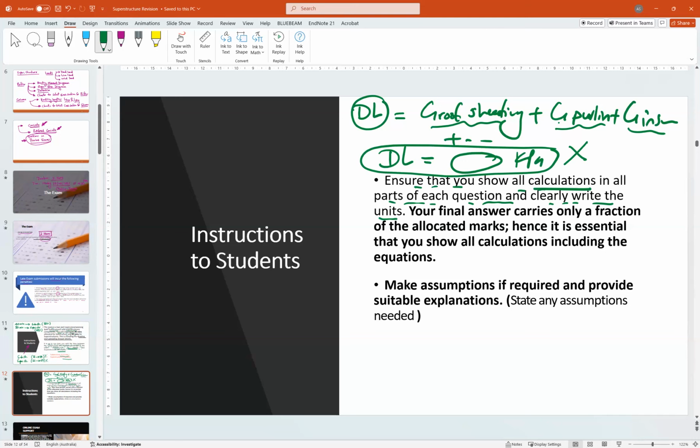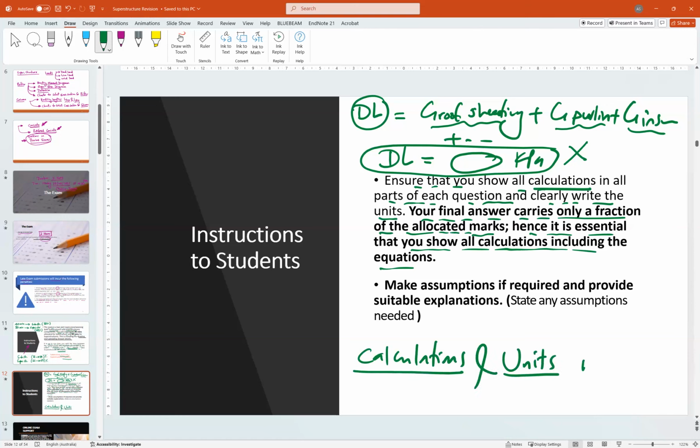You need to show the details of the calculation, how you get the answers. Your final answer only carries a fraction of the allocated marks. Hence, it is essential to show all the calculations, including the equations and units.